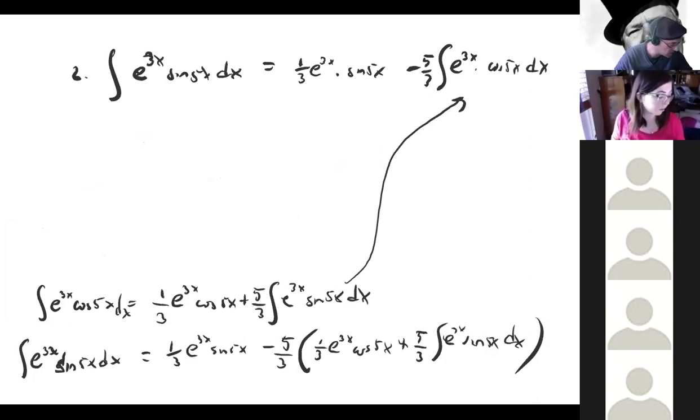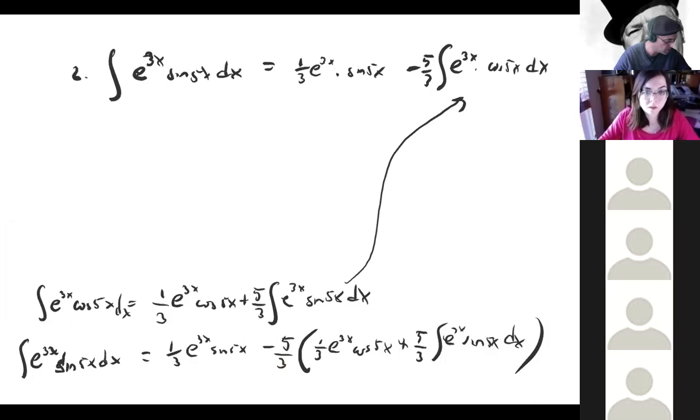So first of all, what is the constant on the right in front of the integral that appears? Well, there's a 5/3 that appears, this 5/3 over here, but there's also a minus 5/3 that appears from here. So if you multiply those together, what do you get? You're going to get negative 5/9.